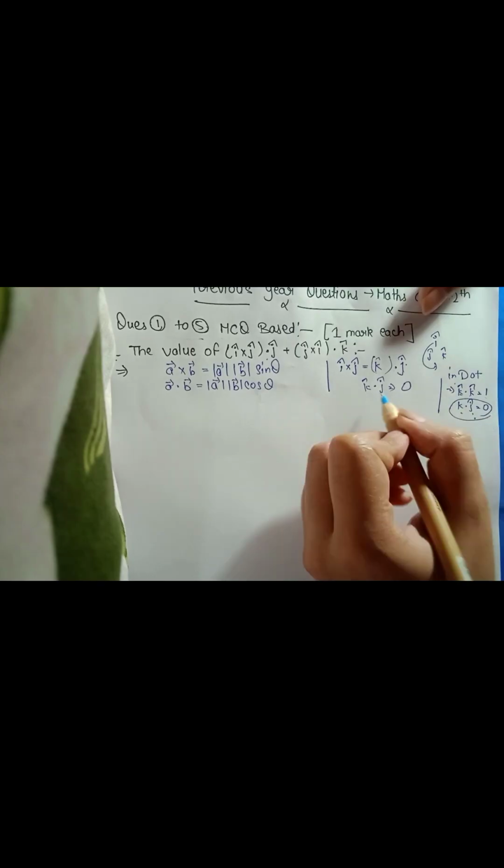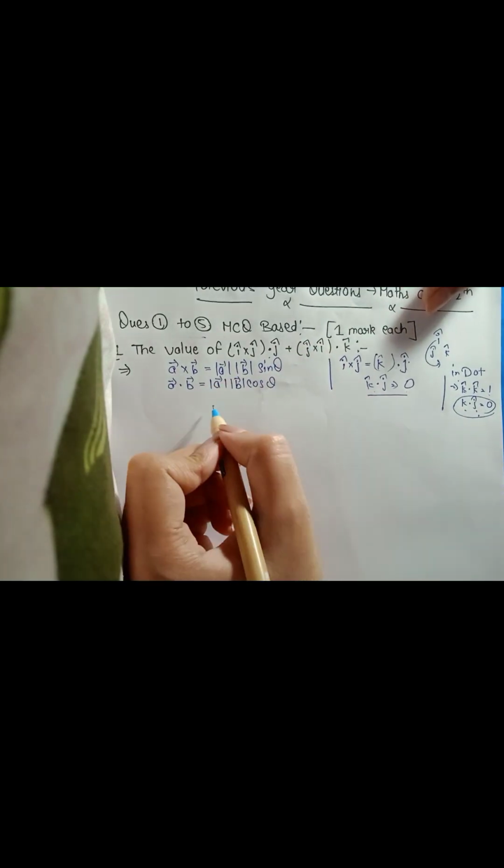While if we do the dot of k cap dot k cap, they are aligned in the same line, so the angle theta is 0, which is cos 0 is 1, that's why this is 0.